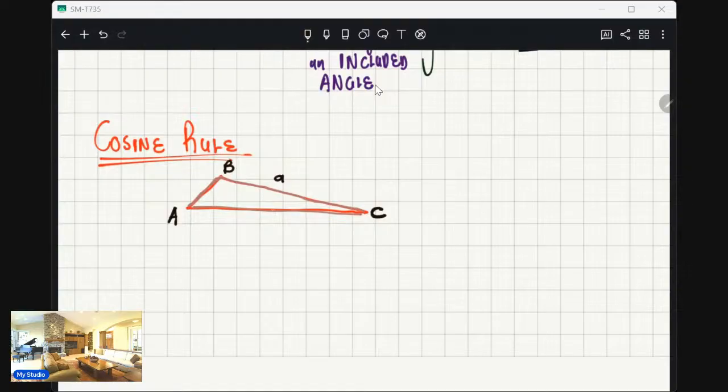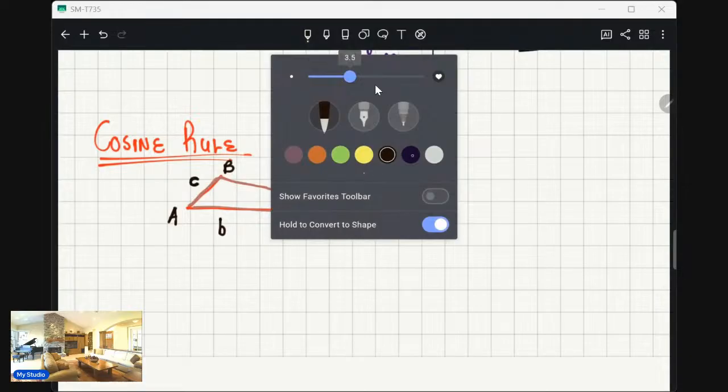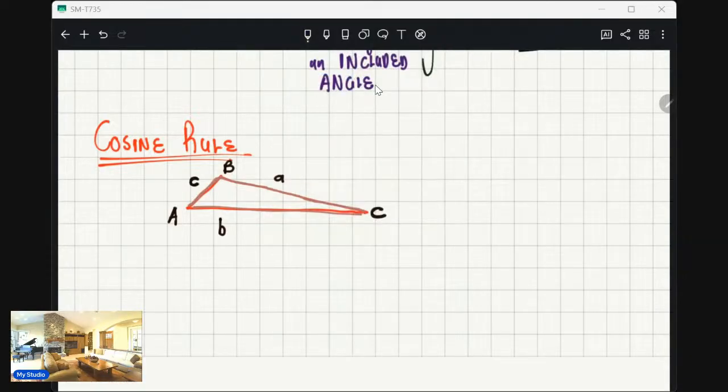Opposite big B, you have side small b. Opposite big C, small c. So we have sides, we have angles. This is going to help us to now use the cosine rule.